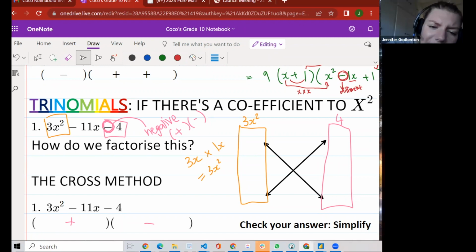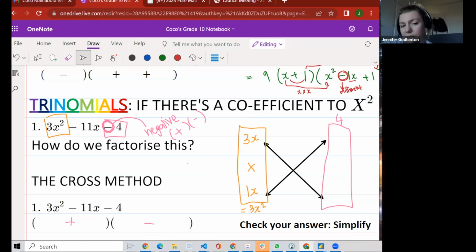So let's break that up. Let's make this 3x and let's make that 1x. So if we multiply those together, we definitely get 3x squared, which is something that we're wanting. And you could also have written it as 1x times 3x. It doesn't matter.